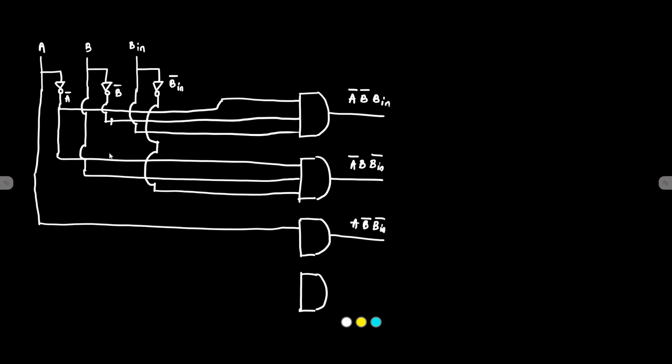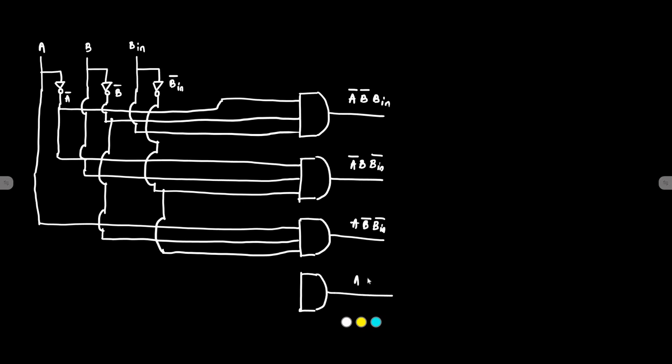Yes. So always be careful which line you take the input from, because there are a lot of input lines. It can get very confusing, very messy. So always do it with focus. Okay, A, B bar, then B in bar. This one is B in bar. So A, B bar, B in bar, and then we have finally A, B, B in.